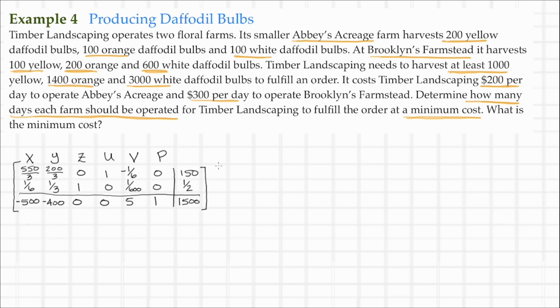So then we could take 3 over 550 times row 1, put in our bracket, 550 over 3 times 3 over 550, there's 1. 200 thirds times 3 over 550, that's 4/11. 0 and 0. 1 times 3 over 550, that's 3 over 550.